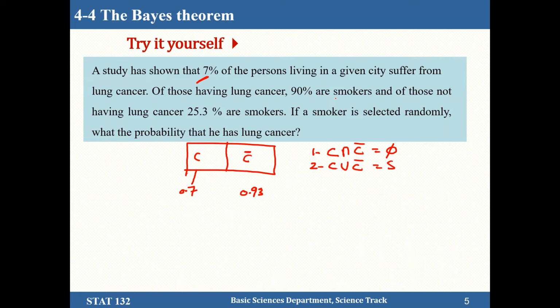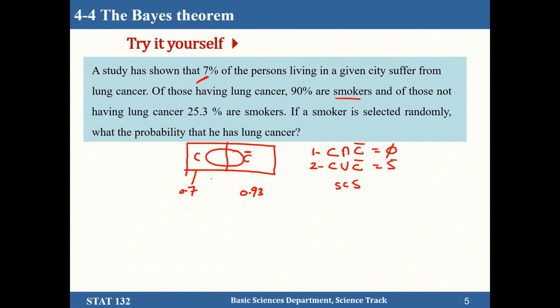We have one event, which is smoking. This smoking is inside this city. Let's say S small is a subset of S capital, the sample space. This is smoking.